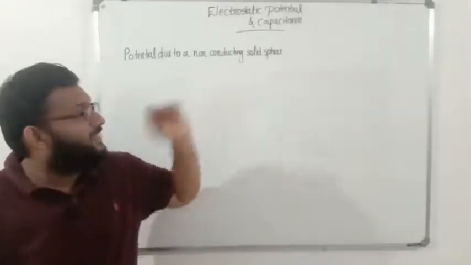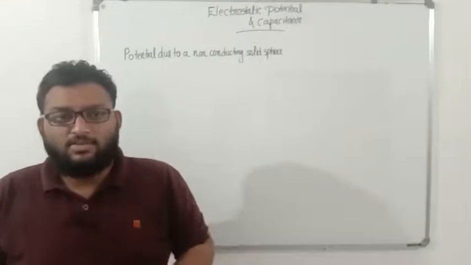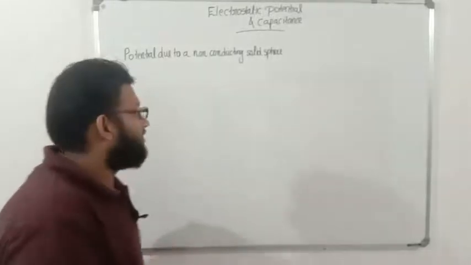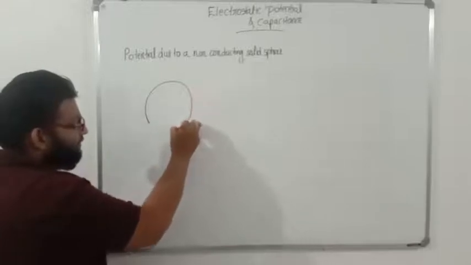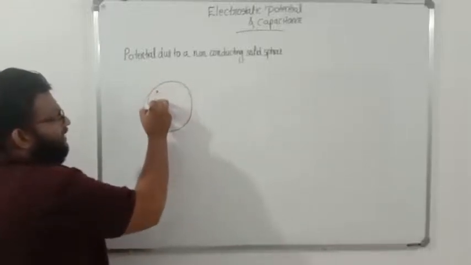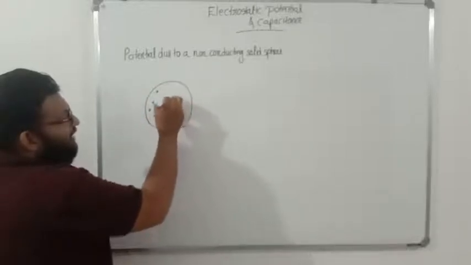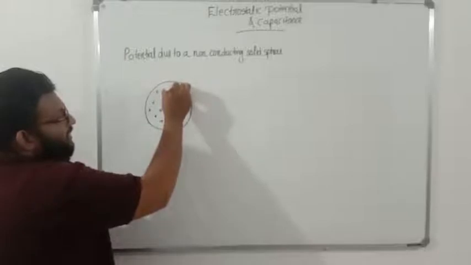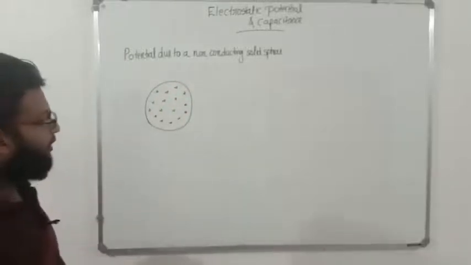But if you select a non-conducting sphere, equations will change, and we will discuss how it changes. If you select a non-conducting sphere, that means charges are distributed randomly as shown. Look at here, charges are distributed randomly as shown.